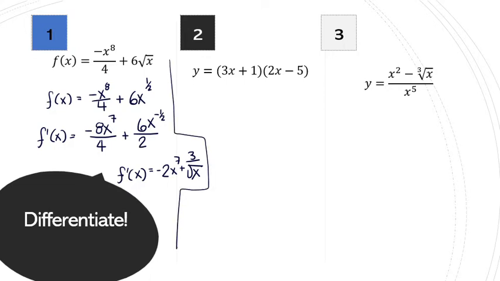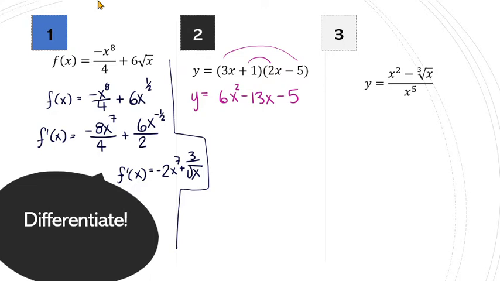For number 2, once again, it's multiplication. I don't want to deal with that, so I'm going to turn it into something I recognize, a polynomial, like a string of terms, by using FOIL or binomial expansion. So first, cleaning up, we get 6x squared for first, minus 15x plus 2x gives me minus 13x, and this should be familiar from last term, minus 5.